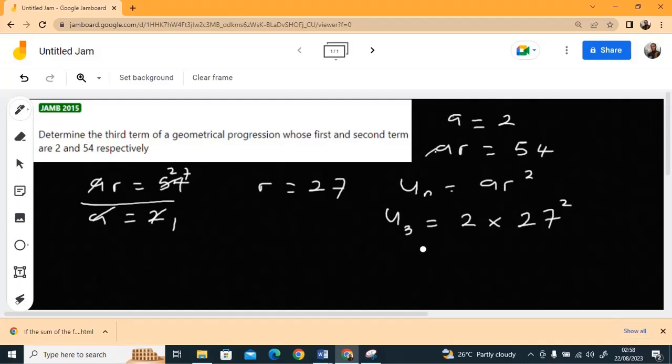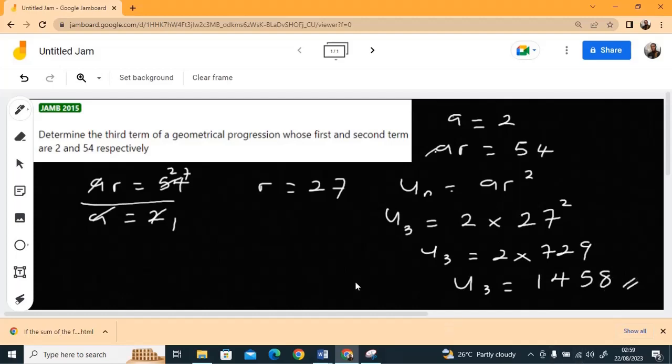So my final answer here will be 2 times 27 squared. If I use my calculator, 27 times 27 is 729. So the third term here will be 2 times 729, that is 1,458. So this is the final answer.